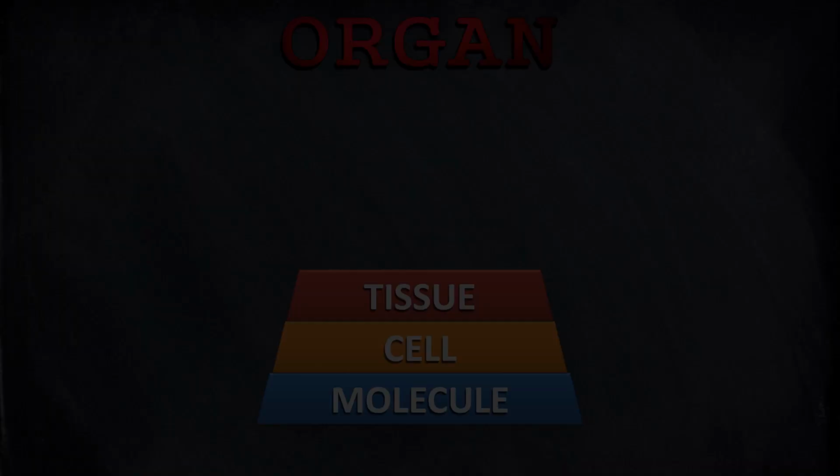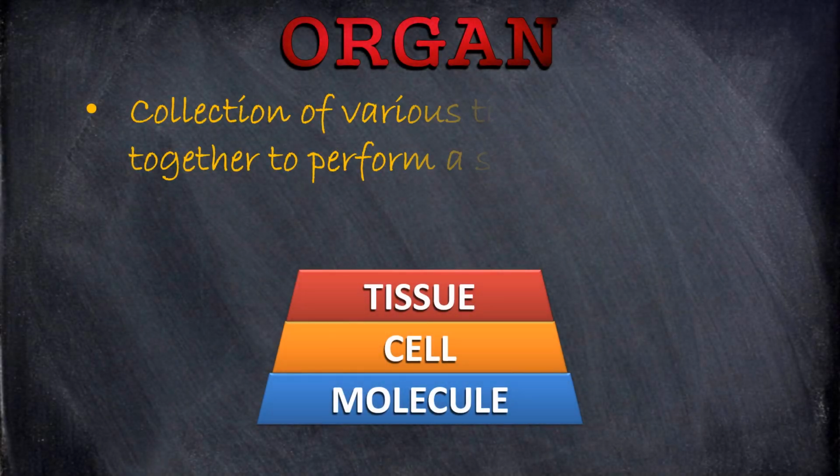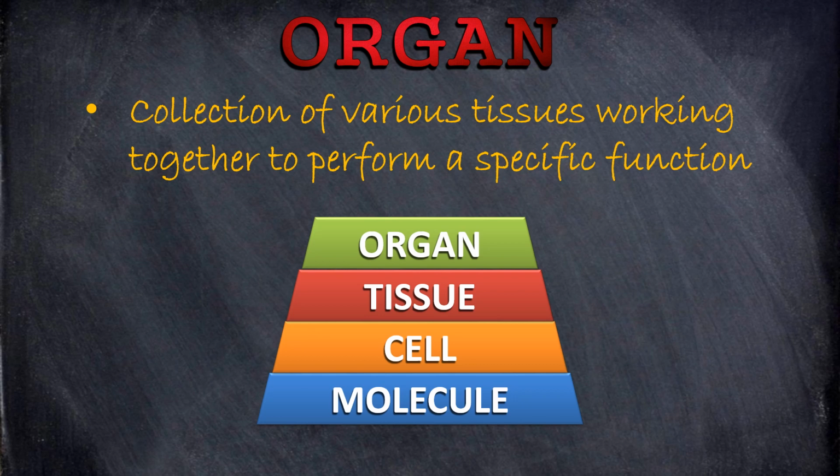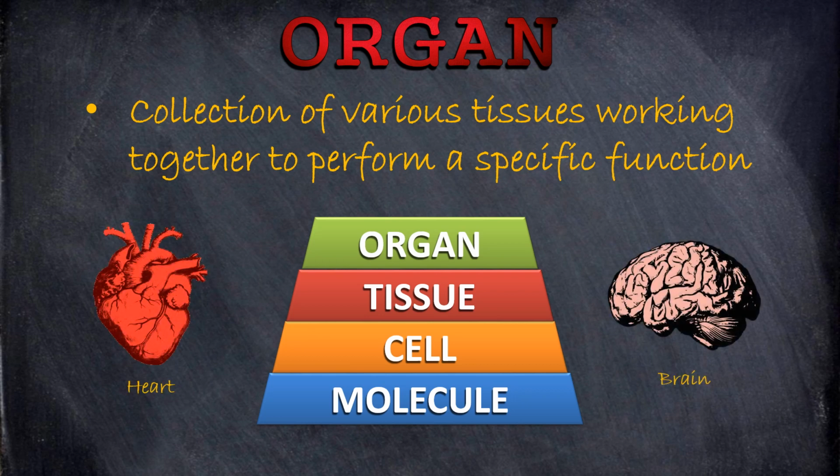So a group of tissues join together and working collectively to perform a specific function, and you have the next level of biological organization, the organ. So your heart is composed of cardiac muscle tissue, your brain of nervous tissue. You will note that the definition here says various tissues, because organs are collections of different types of tissues.